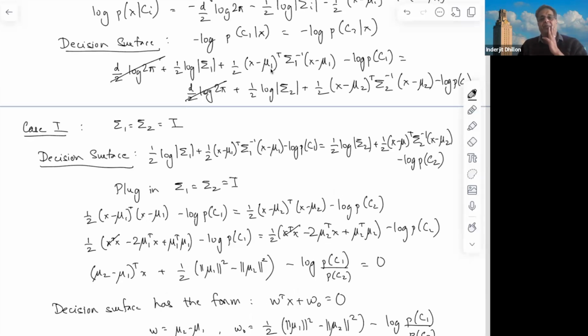let's reflect on this formula. This is a quadratic form. This does not represent a linear surface. But when sigma 1 was the identity and sigma 2 was the identity, what we found is that these quadratic terms canceled, and it gave us a linear decision surface.